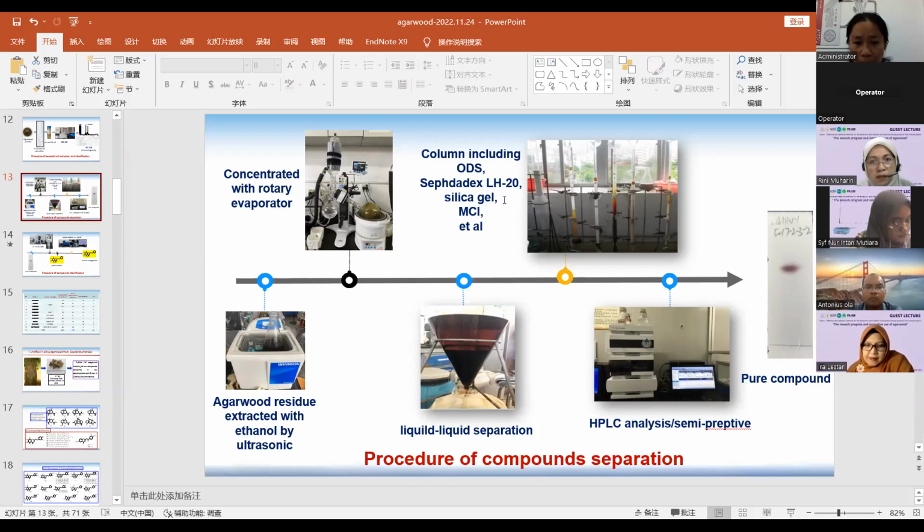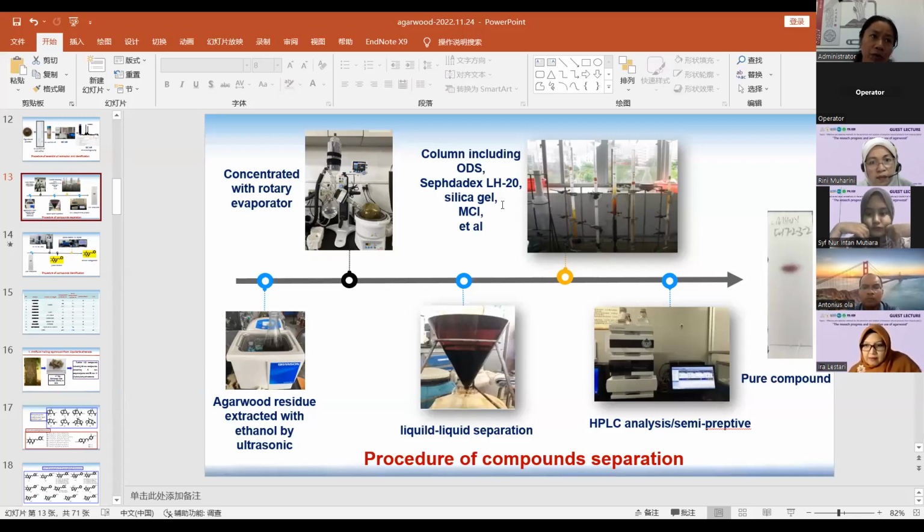Later, for the sesquiterpenes we mostly still use silica gel, because this kind of compound has very low polarity.